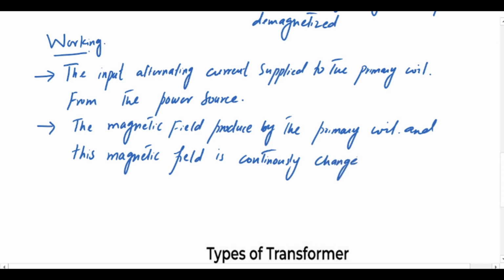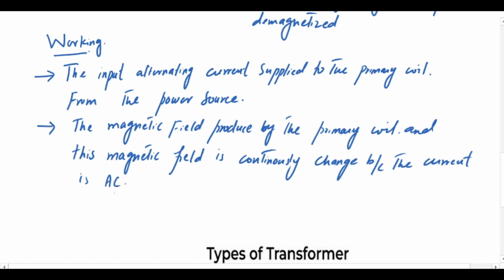Any idea why the magnetic field is continuously changing? Because alternating currents. हाँ जी, because the current is AC, due to the alternating current.